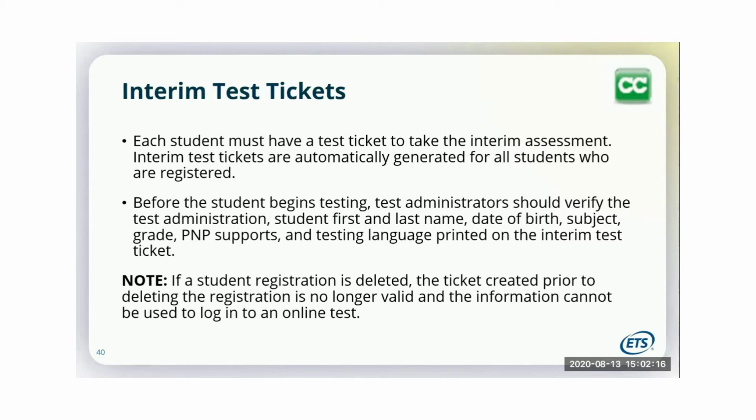Let's say a student needed text-to-speech and it wasn't applied when they first logged into the test, you can return back to their profile, make that change, and then navigate back. And again, that test ticket will be the same in that instance, or the credentials, because it wasn't a language test switch or a Braille to a non-Braille online test switch.